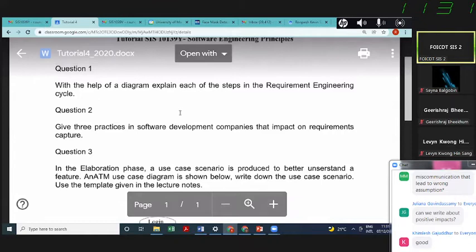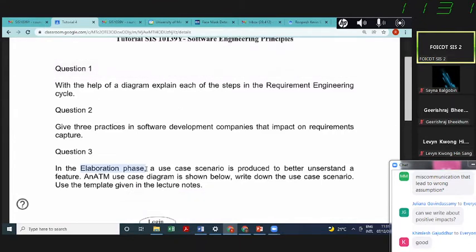Question number 3: in the elaboration phase, a use case scenario. Yesterday we saw a use case scenario, and if you recall, we had a client interacting with a chef in a restaurant and the different processes. We saw that we have actors, a system boundary, then the processors.